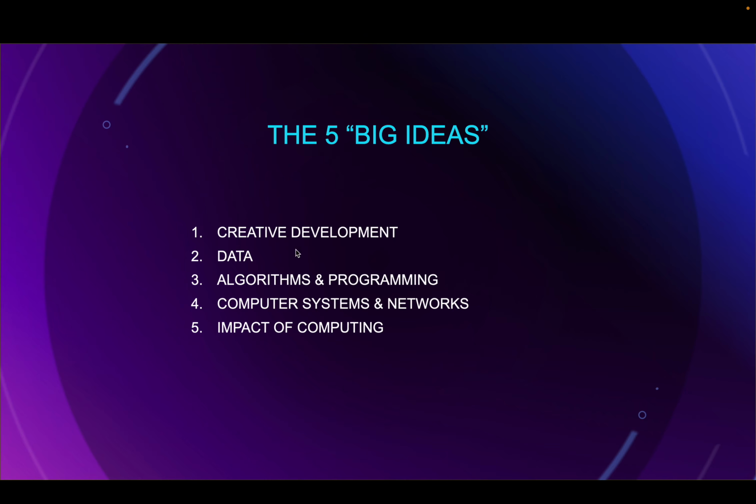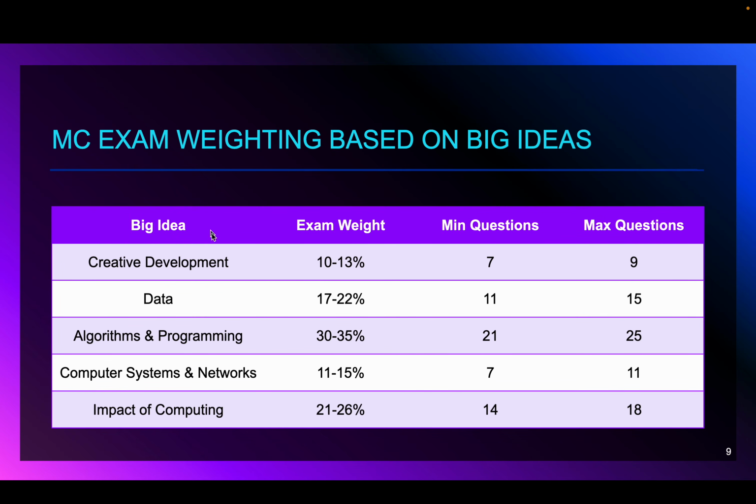Okay, so the 5 big ideas are creative development, data, algorithms and programming, computer systems and networks, and the impact of computing. And the way those questions are represented on the exam, creative development has an exam weight of 10 to 13%, meaning that you're going to have anywhere from 7 to 9 questions out of the 70 based on creative development.